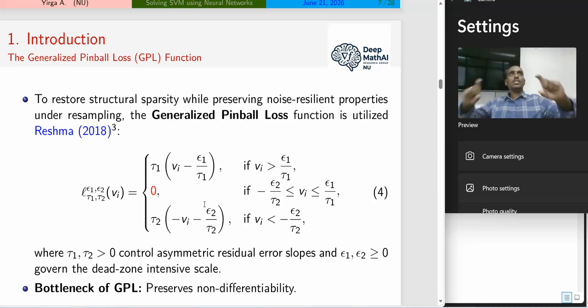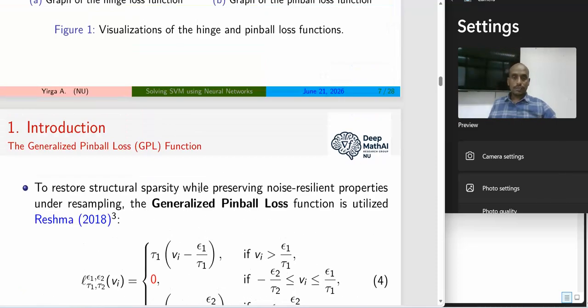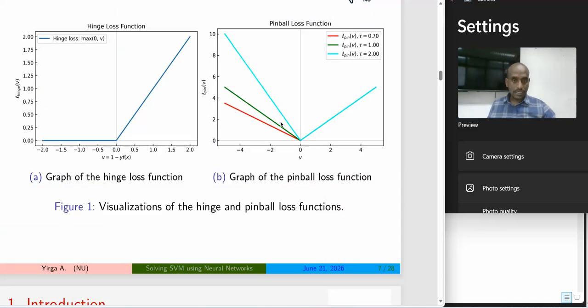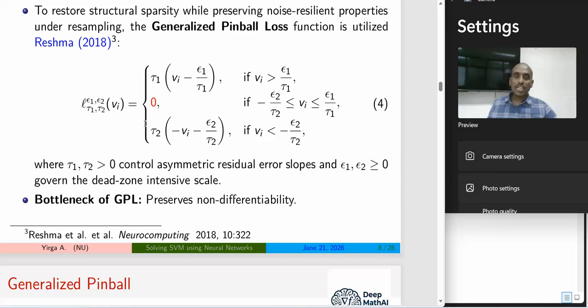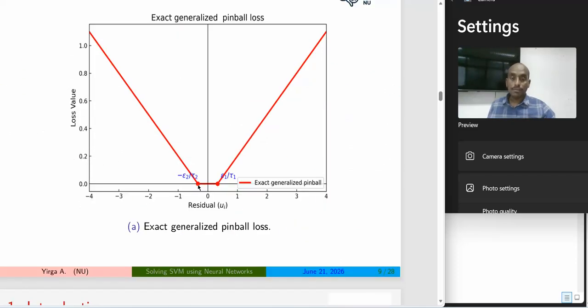An insensitive zone means a zone which does not accept errors. In the pinball loss, every point is penalized, but in the generalized pinball loss, we have a zone which does not have an error. This zone, this horizontal line, does not have any error. So the sparsity issue of the pinball loss is resolved by the generalized pinball loss.